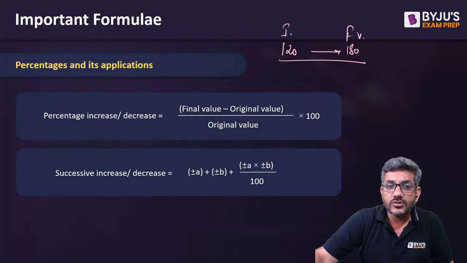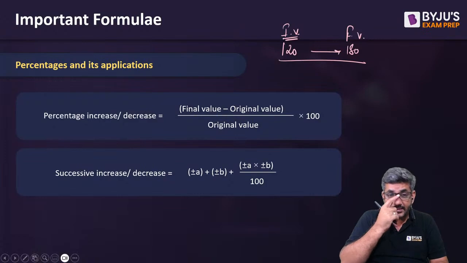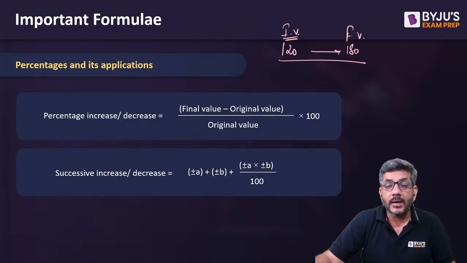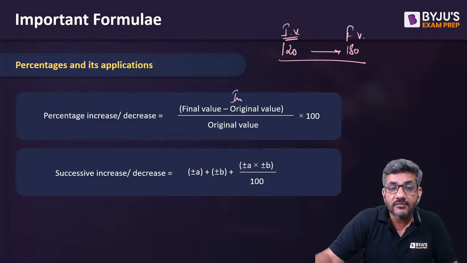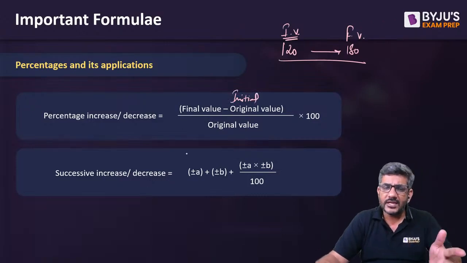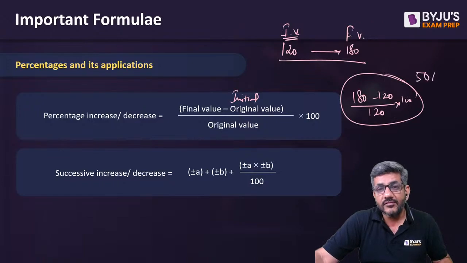This 120 is called the initial value, and the percentage increase is given by this formula on your screen, which is final value minus original value upon original value into 100. This original value you can also call the initial value. So final value 180, initial value 120 divided by initial value into 100. That will give you the answer as 50%.